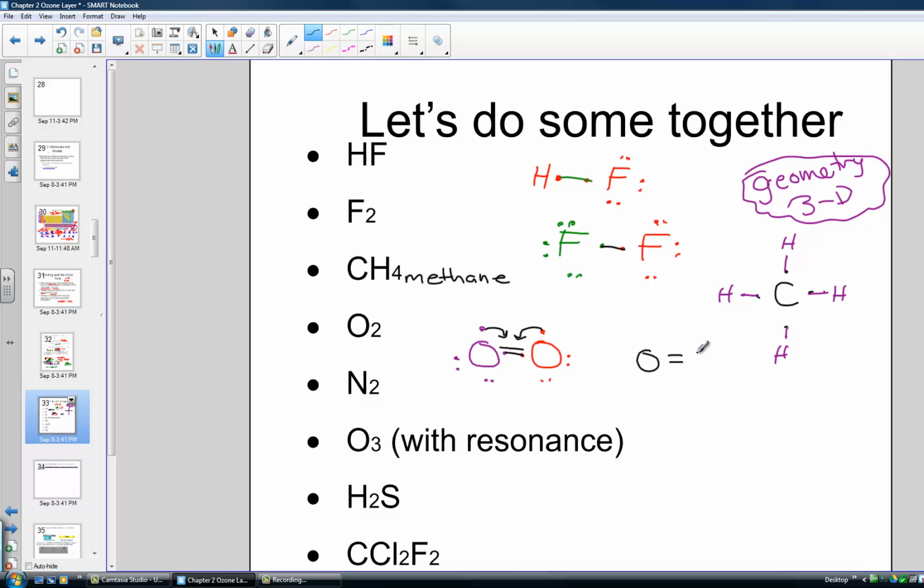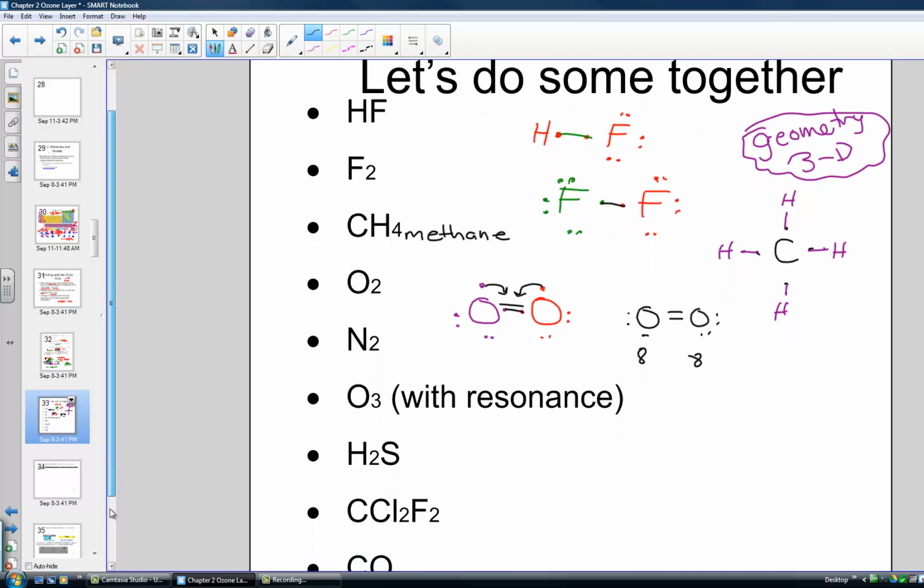If I redraw just to show it a little cleaner, a double covalent bond is 2 shared pairs, leaving each of these oxygens to have 2 lone pairs so that everybody has the 8 electrons. 2, 4, 6, 8. 2, 4, 6, 8. 2 pairs in a bond and 2 pairs that are lone pairs.